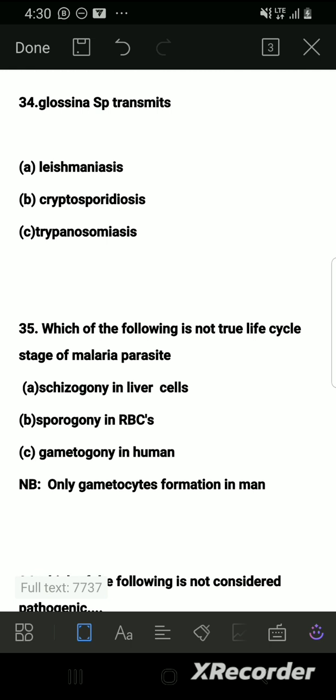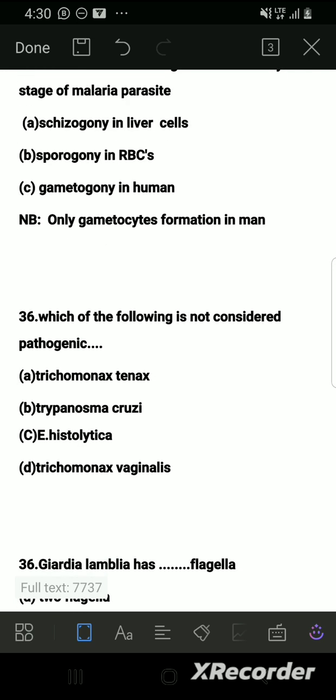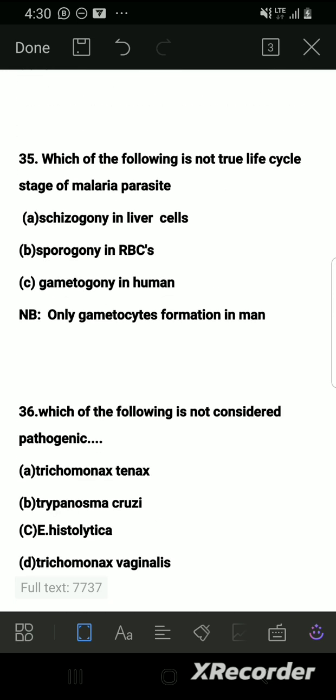By that time it's ready for mating, and while feeding it removes some of the specimen, and the gametogony, which is fusion, happens in the mosquito body and leads to the last stage, oocysts in the stomach and sporozoites in the salivary glands, which are then used for injection into another host. So our option in number 35 is C.